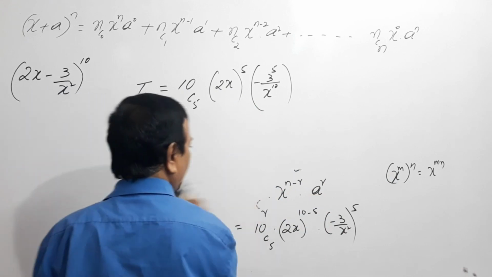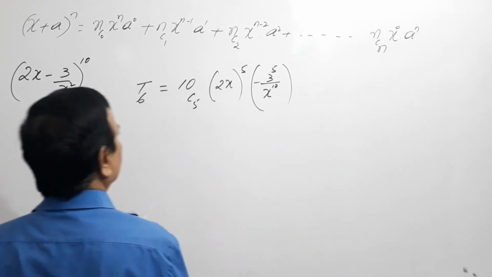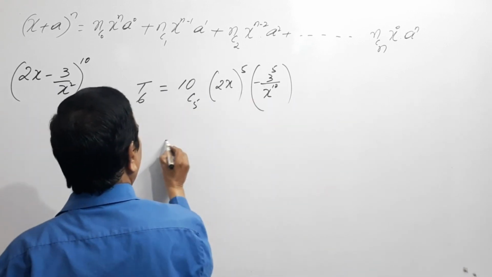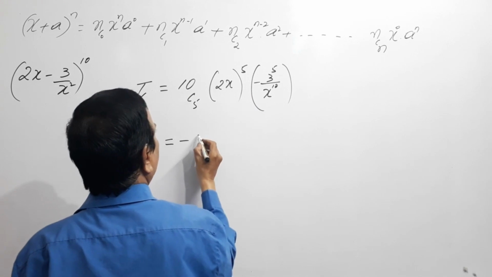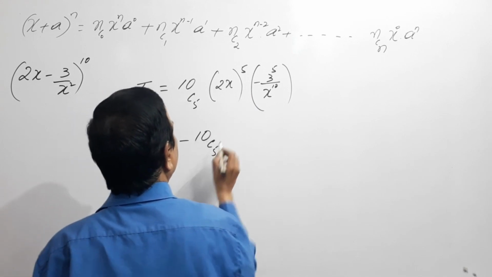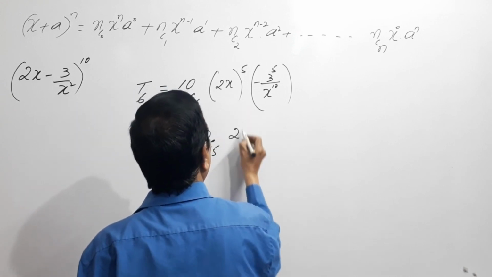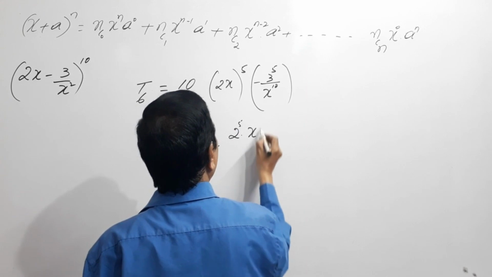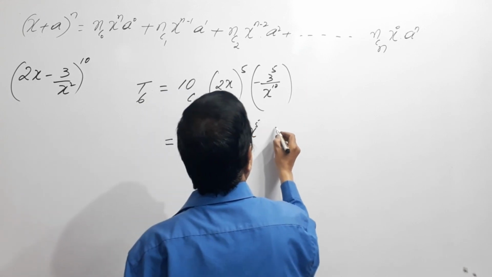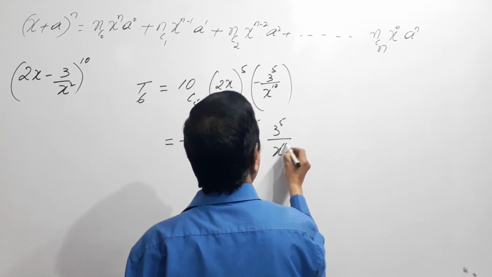I take the minus value here: minus 10C5, this becomes 2 to the power of 5 into x to the power of 5 into 3 to the power of 5 divided by x to the power of 10.